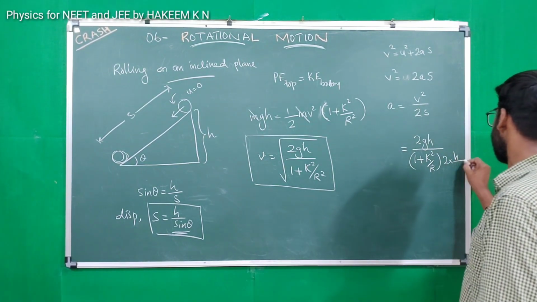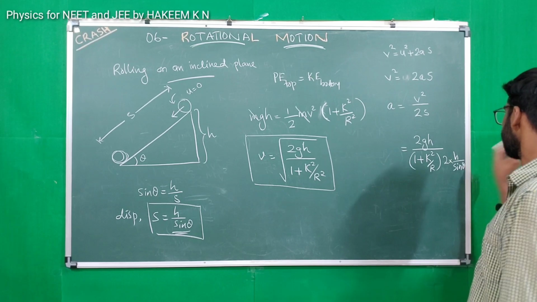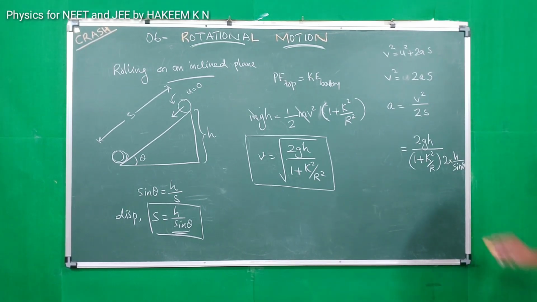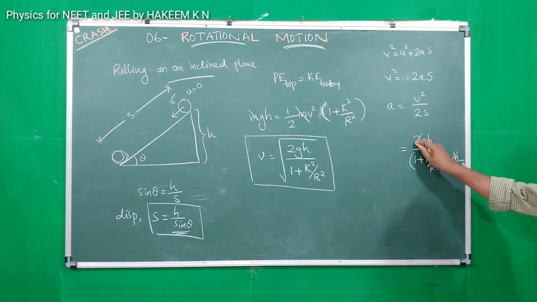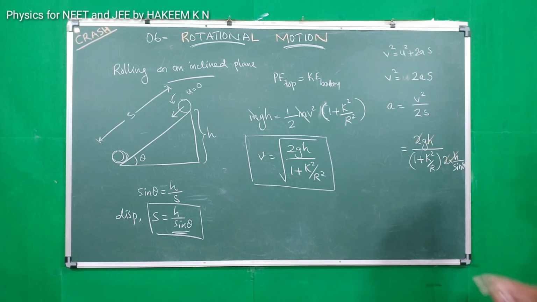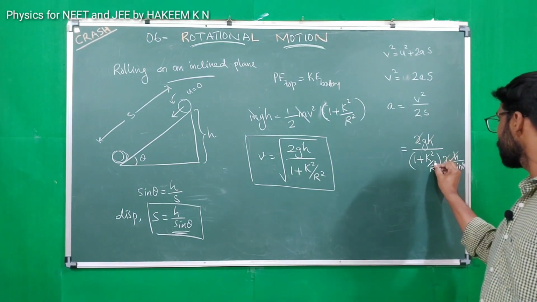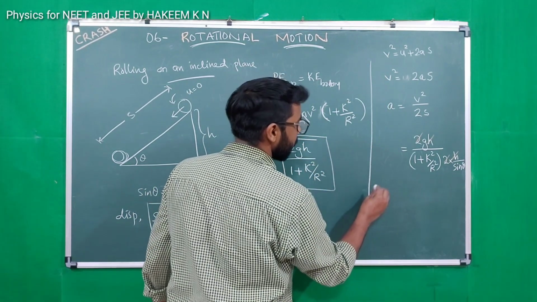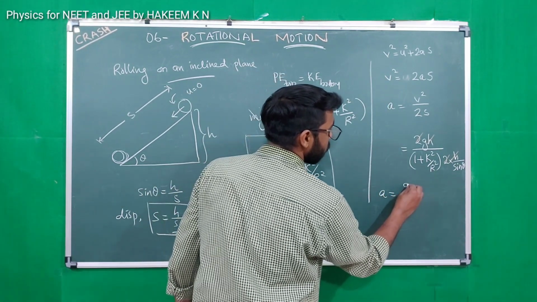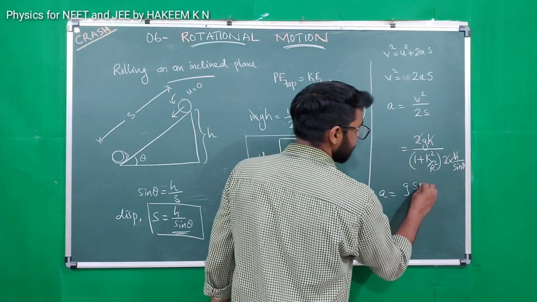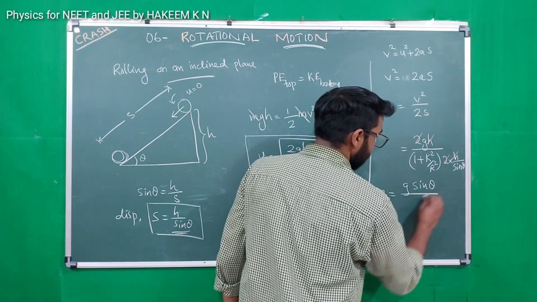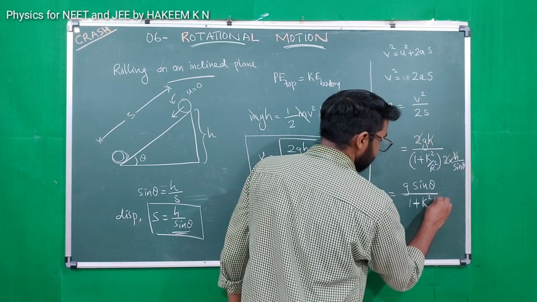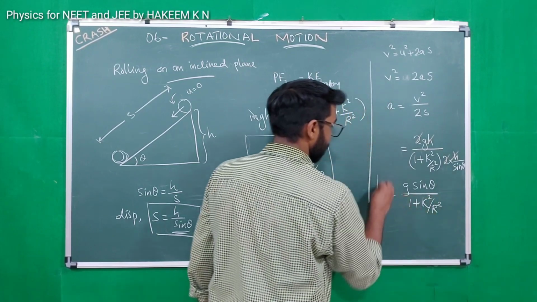H by sin theta. 2h cancelled, and sin theta will go to the top. Then we will get acceleration equals g sin theta by 1 plus k square by r square.